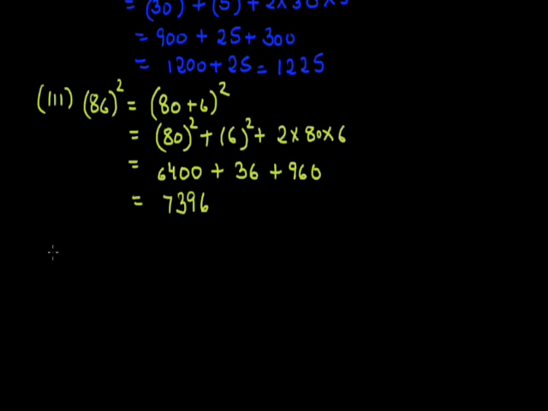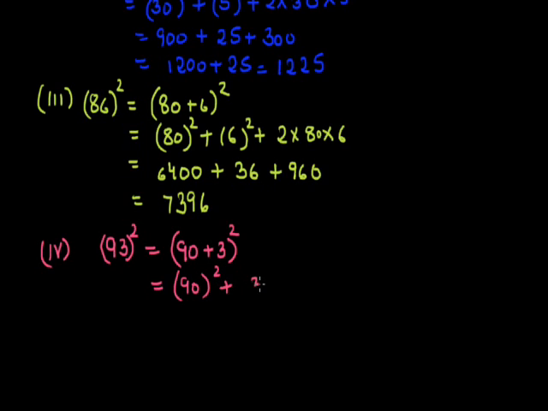Okay, come to the next part, the fourth part. I have to find the square of 93, that is 93 square. Again I can write 93 as (90 plus 3) whole square. Now again the same identity, (a plus b) whole square, that will be equal to a square, that is 90 square, plus b square, that is 3 square, plus 2 into a, that is 90, into b, that is 3.